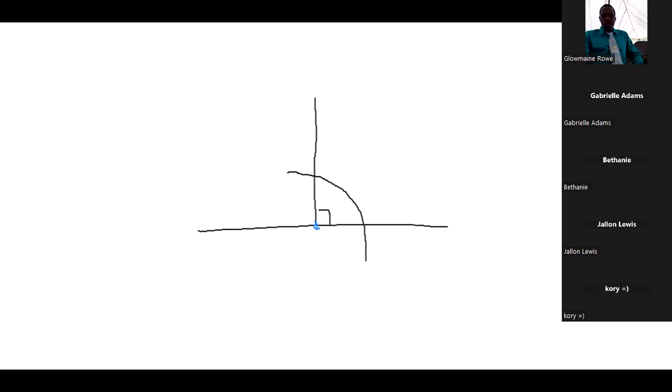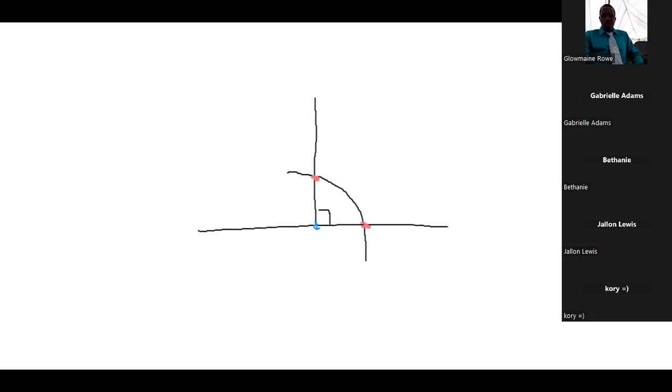All right, for the sake of time, I'm just gonna go ahead. So the next step would basically be to use where the arc intersects those 2 points.